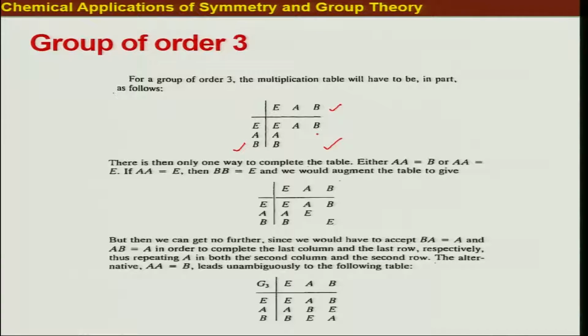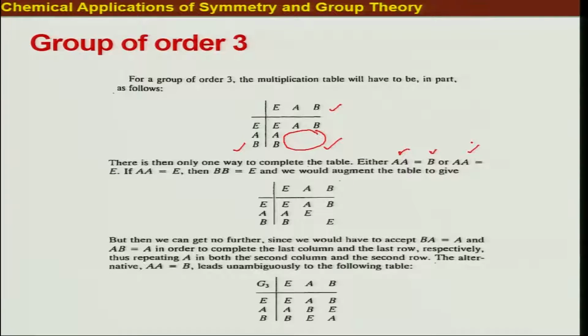Fine. So then we are left with this region, which will contain 4 different products. So how do we go about them? We can do that in only one way. Suppose we choose that A followed by A equals B, or A followed by A equals E, which means A is its own inverse.